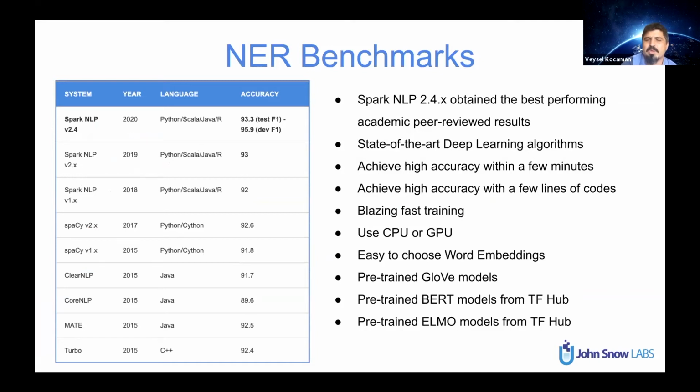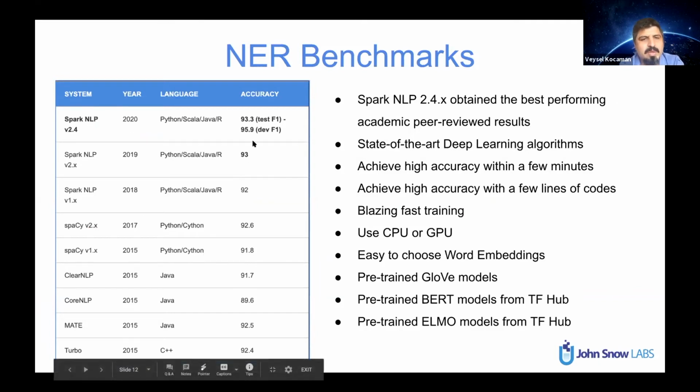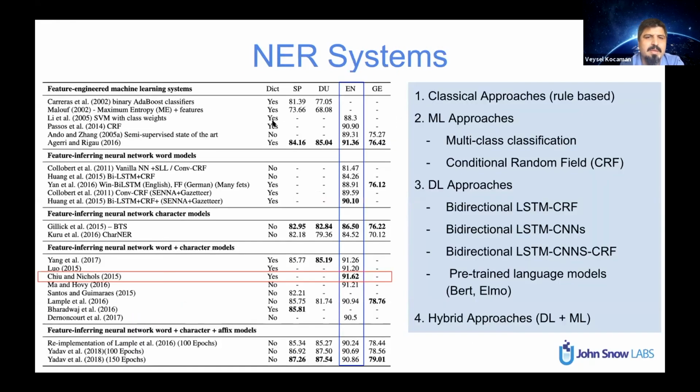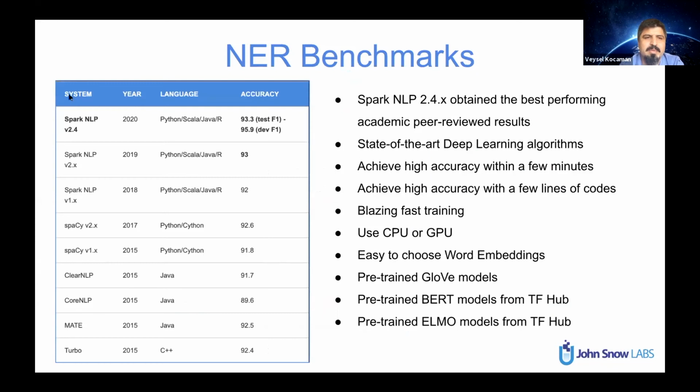We also use GloVe, BERT, ELMo, ALBERT, XLNet, etc., which I'm going to cover as well. Right now, according to nlpprogress.com, 93.5 is the state of the art, and we are at 93.3 for the 2003 CoNLL. This is the public one, by the way, using our library. It's not in a paper, it's in production right now.